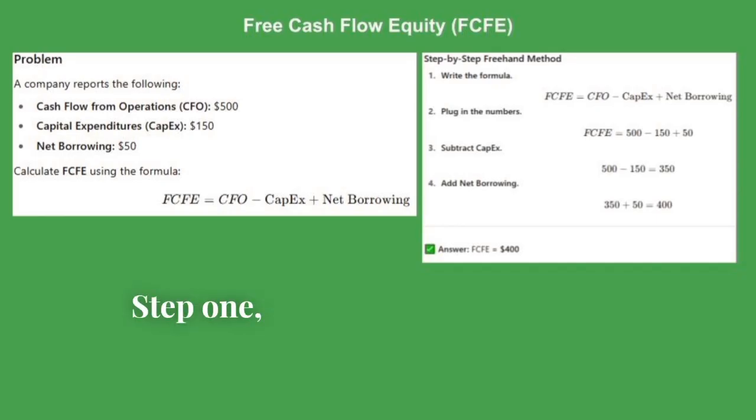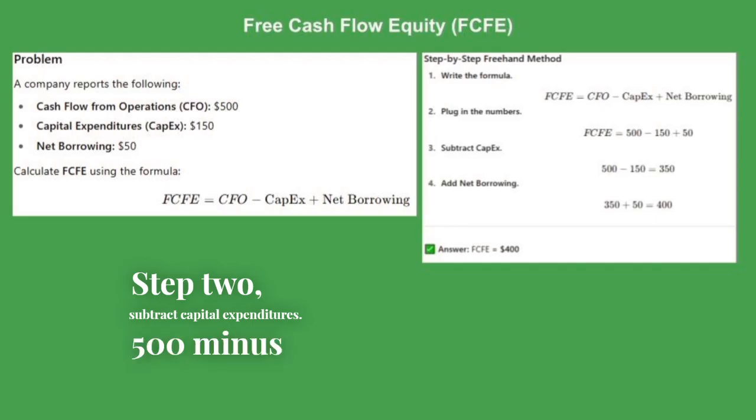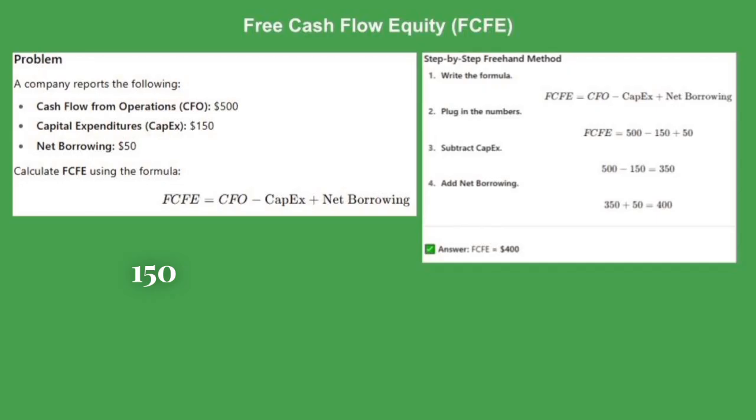Step 1, write the formula with the numbers. FCFE equals 500 minus 150 plus 50. Step 2, subtract capital expenditures. 500 minus 150 equals 350.